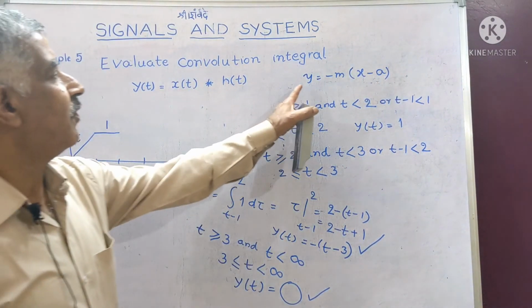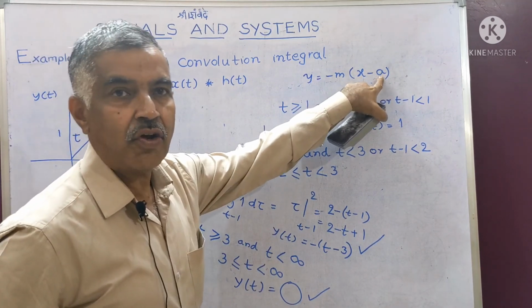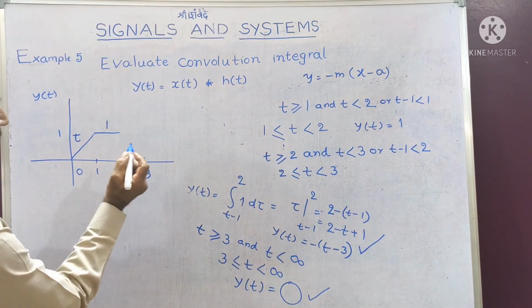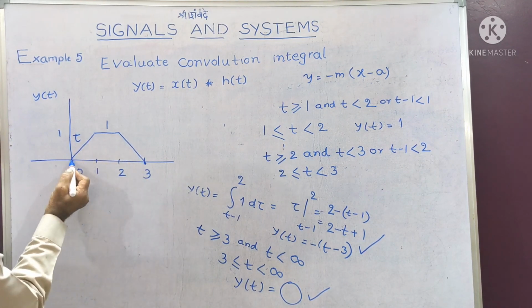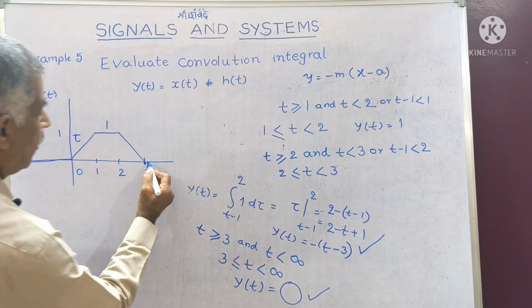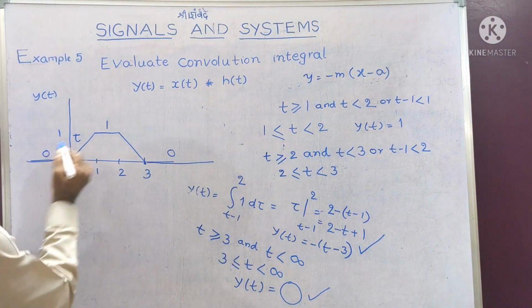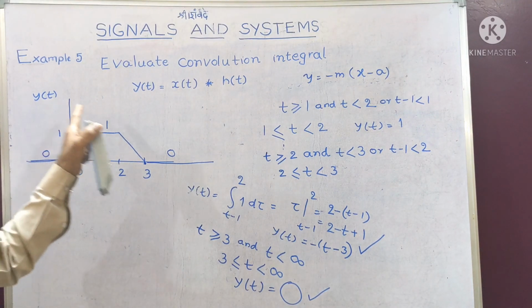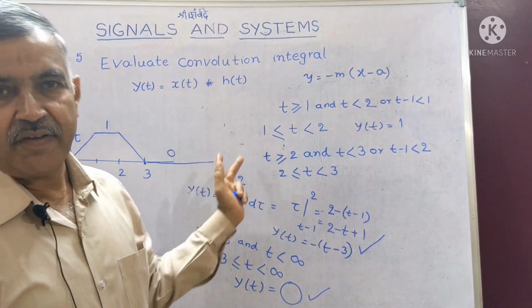M is the slope, whereas a is called the x-intercept. So the x-intercept is here, 3. For t less than 0, it is 0. For t up to infinity, it is 0. So this is how you have to plot y of t. Now in the next class, I will reverse the order and work out the problem.